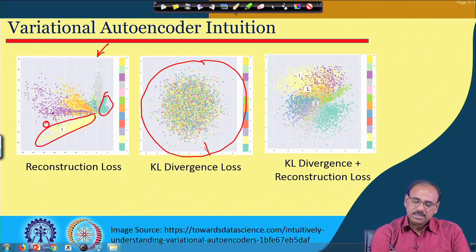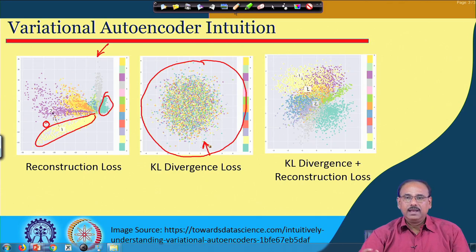Whereas, if I have a situation like this, here you find that the latent vectors from all different categories are zero mean Gaussian with unit variance. So, as a result, you have lost the structural information of the data or the class identity of different data.